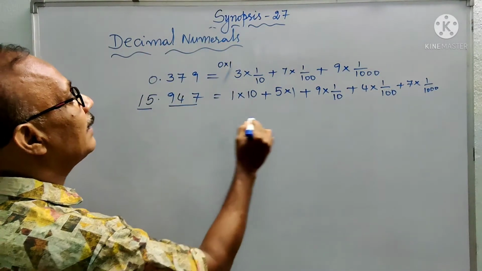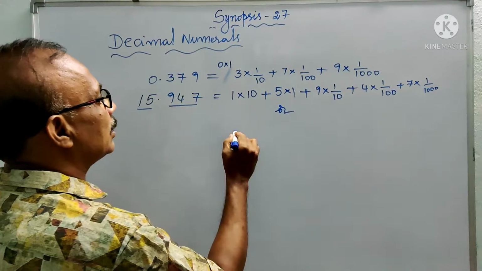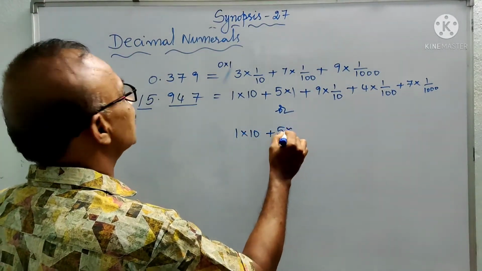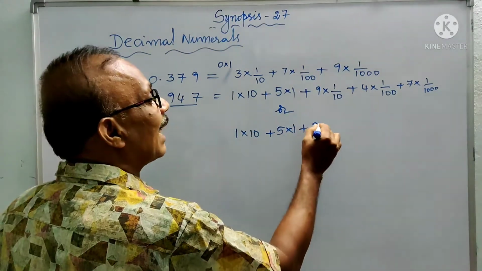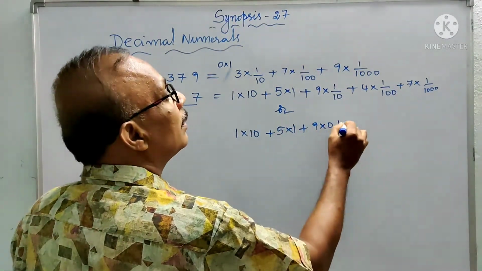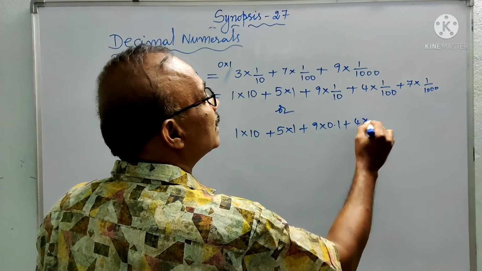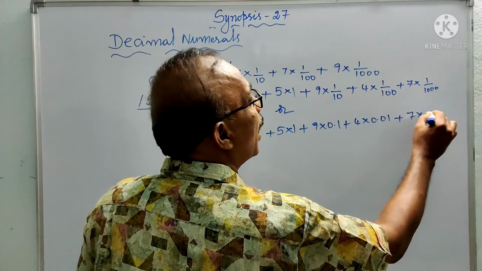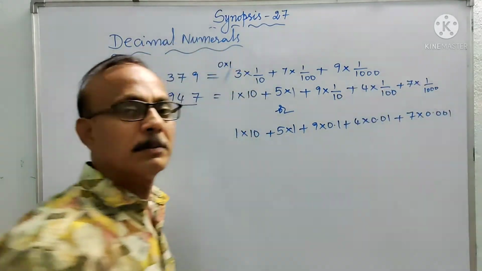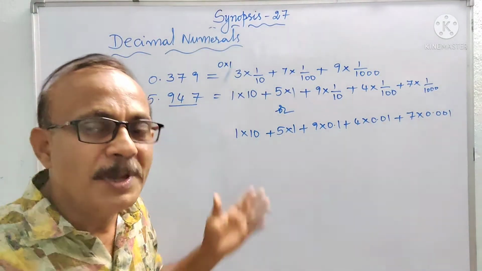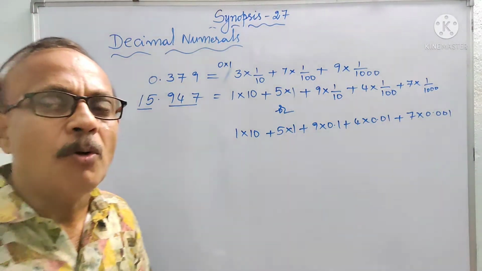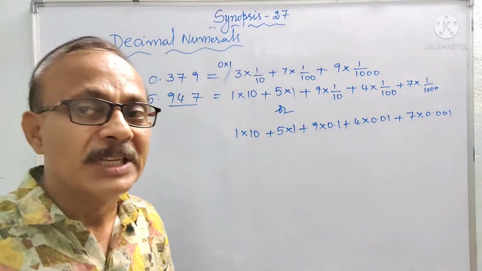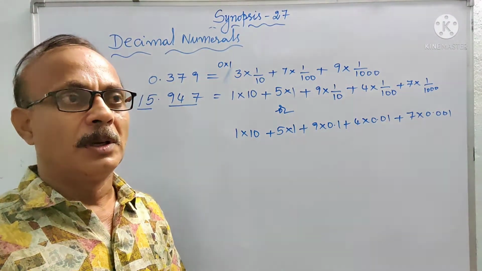Or else you can write the same in another way also: 1 into 10 plus 5 into 1 plus 9 into 0.1 plus 4 into 0.01 plus 7 into 0.001. The above number can also be written like this. So this is how we write a decimal in expanded form using their place values.